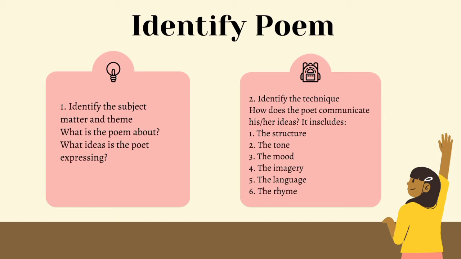Identify the technique. How does the poet communicate his or her ideas? It includes 1. The structure, 2. The tone, 3. The mood, 4. The imagery, 5. The language, 6. The rhyme.